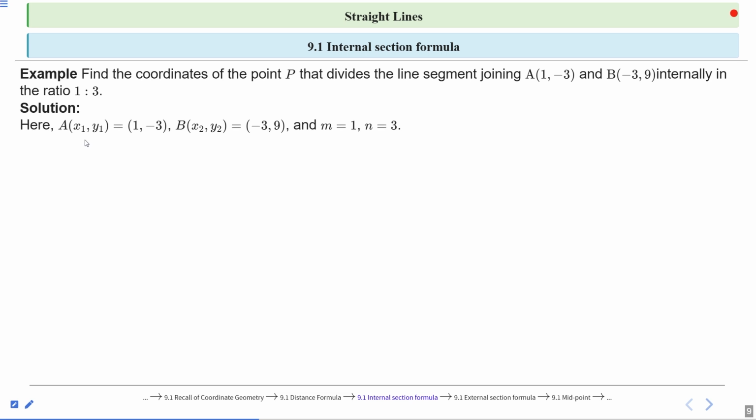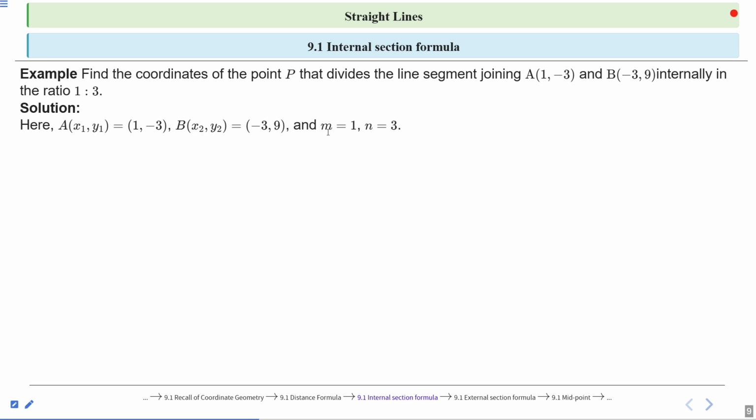So here the coordinates of point A, that is x1 comma y1, are equal to 1 comma minus 3. The coordinates of the point B, x2 comma y2, are equal to minus 3 comma 9, and here we have the ratio 1 is to 3.